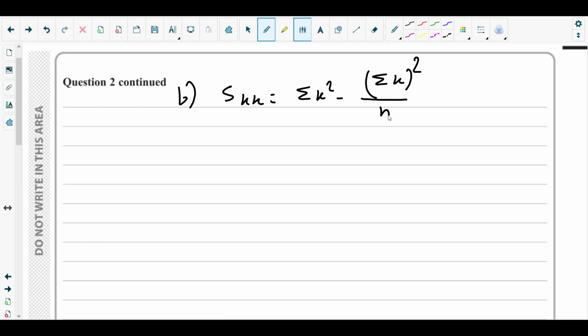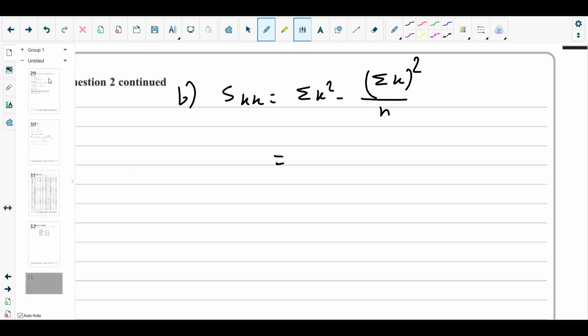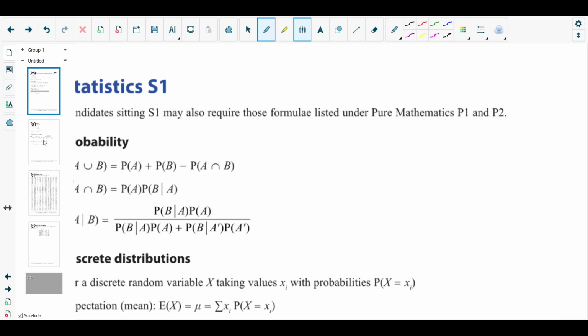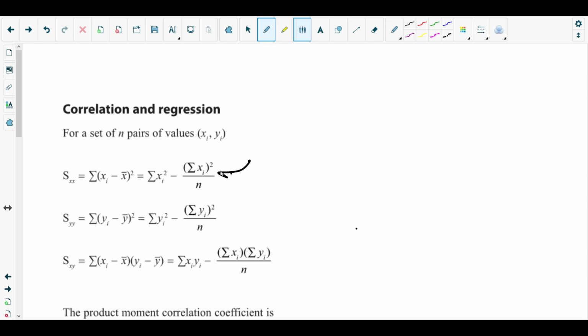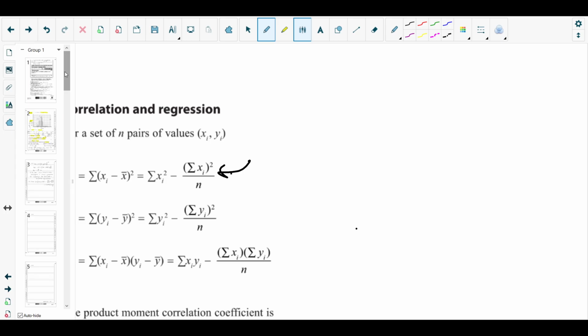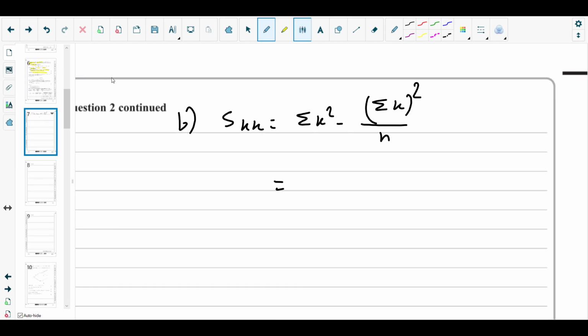This is the formula for S of xx. It is also given in the S1 formula booklet. It's not required to be memorized, but if you can memorize, definitely it's better, because it will save your time.